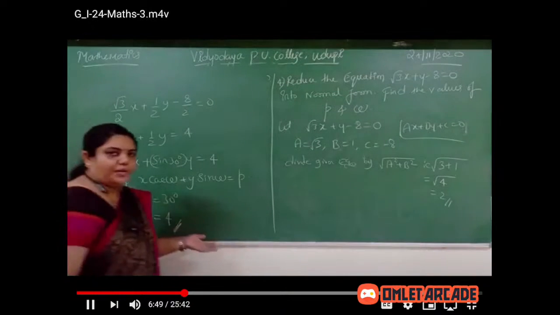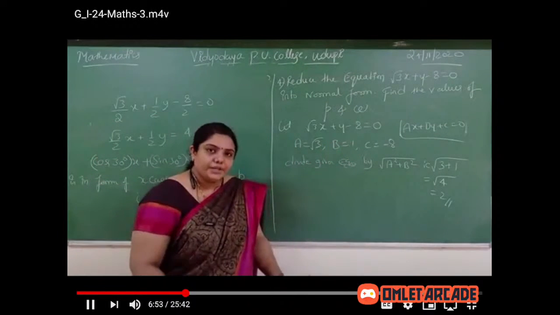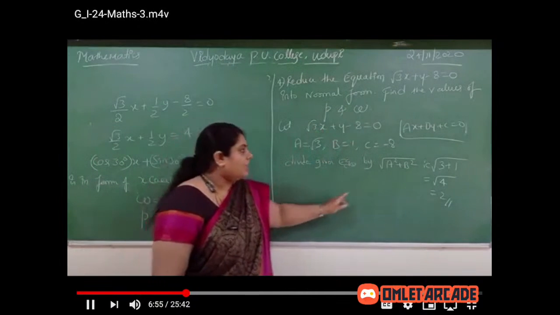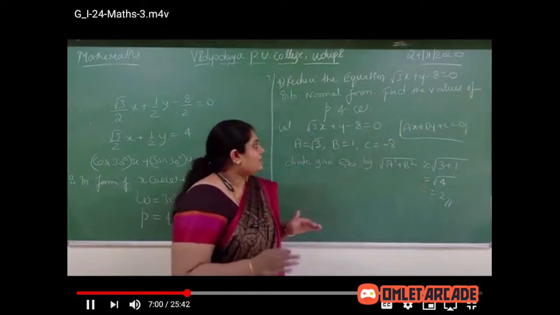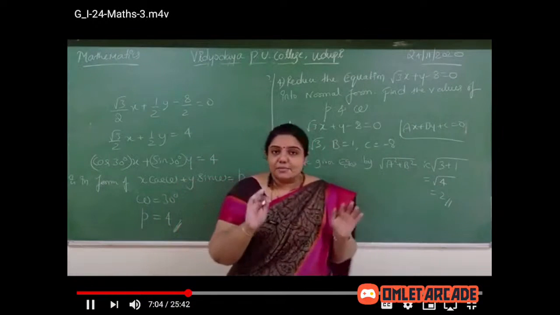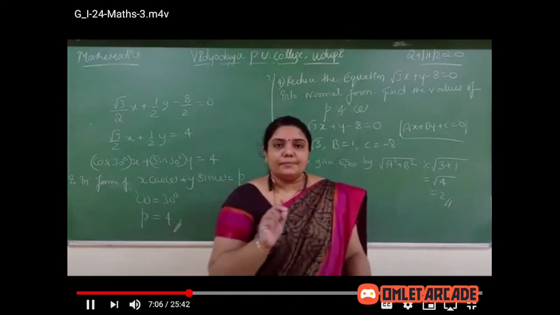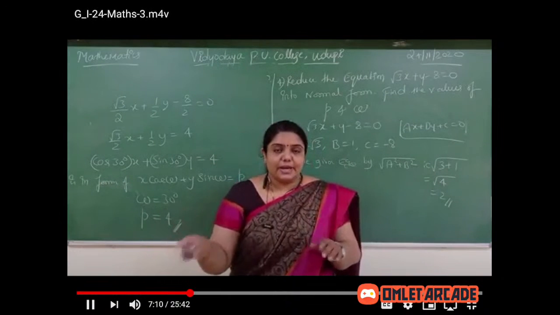Instead of using the formula method, if you take a, b, c and divide the given equation by root of a squared plus b squared, you are just converting the equation into the formula form. Just observe the formula. Cos omega is equal to plus or minus a by root of a squared plus b squared.